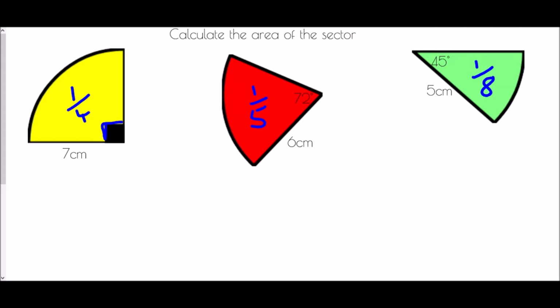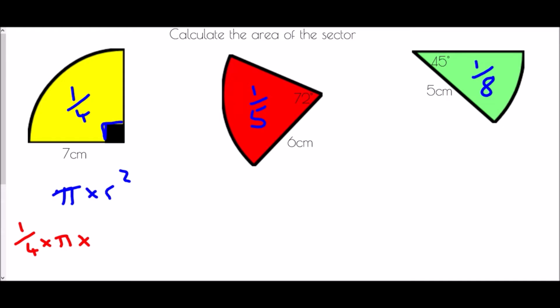And therefore, all we need to think about here is how do we get the area of the full circle, and then to find a quarter of it, or a fifth. So, the area of a full circle, that is pi r squared. But in this case, it's only a quarter of a circle, and so all I'm going to do is just change this to be a quarter times pi times r squared.